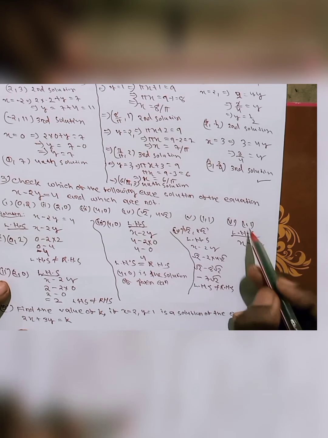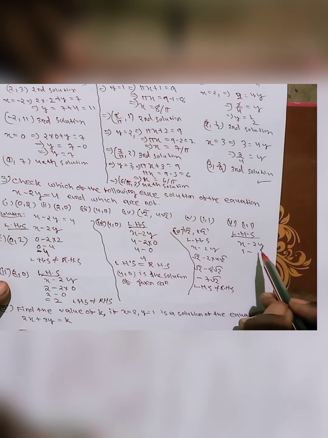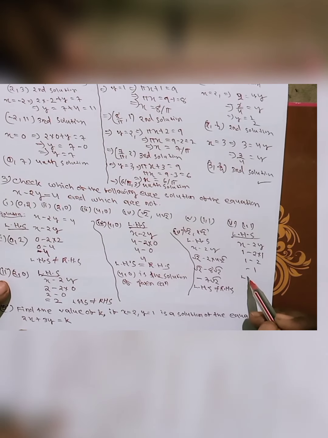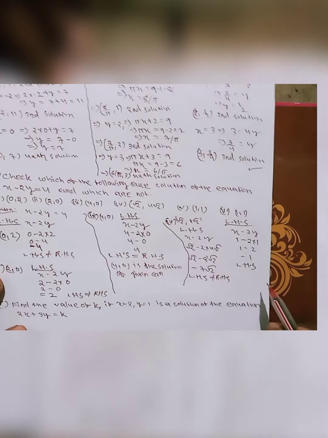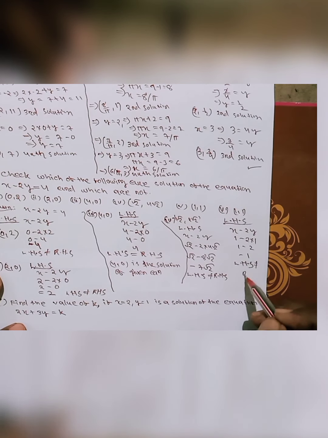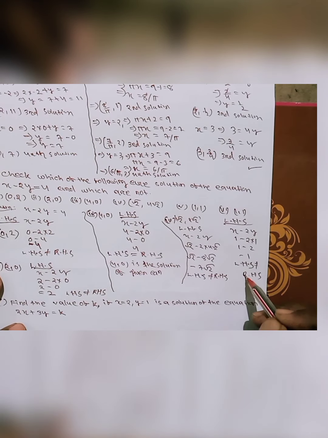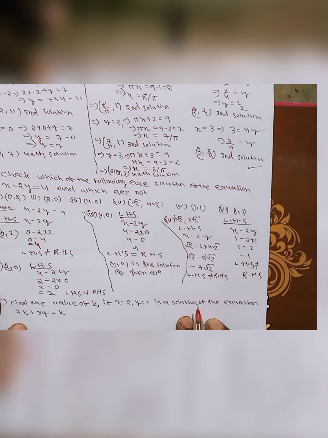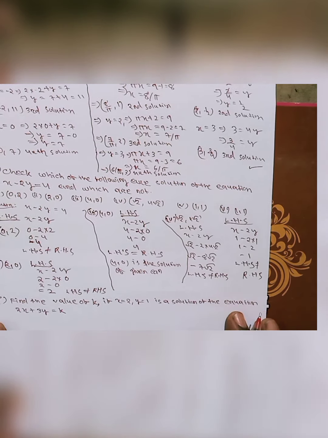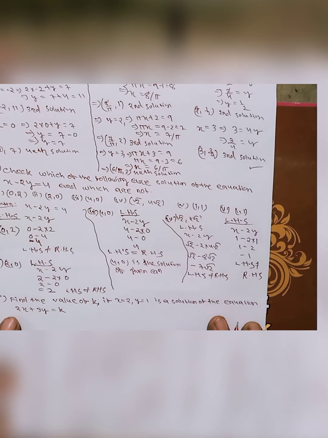In place of x put 1, in place of y put 1: 2 into 1, and 1 minus 2 is equal to minus 1, which is not equal to RHS. So LHS is not equal to RHS. So this pair is not the solution of the given equation. Like this you can solve it.